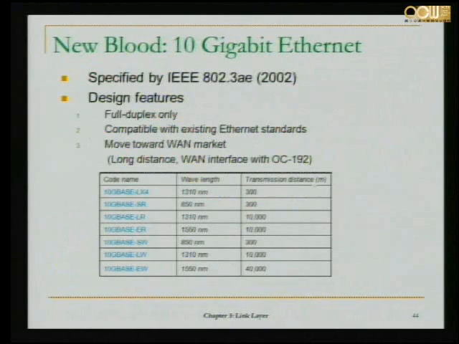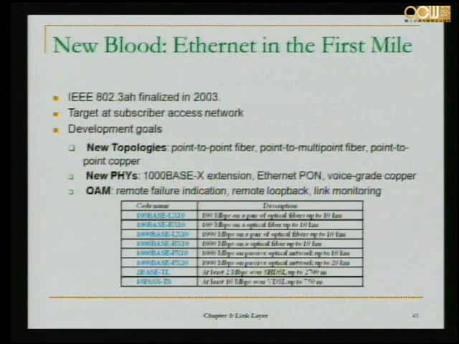As we go even higher to 10 Gigabit Ethernet, of course, it's full duplex only. And it's not for the local area market, it's for the wide area market, for long distance. Another new product is Ethernet in the first mile or the last mile.